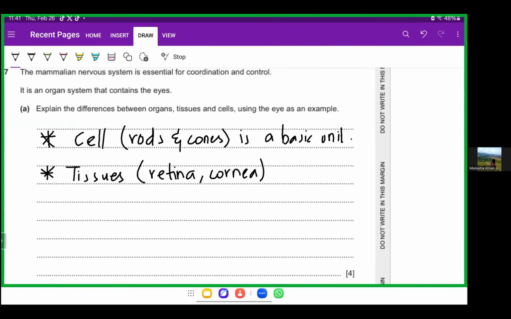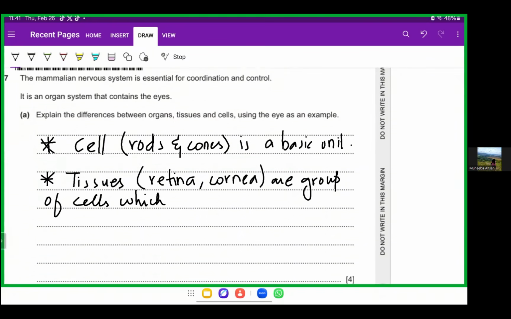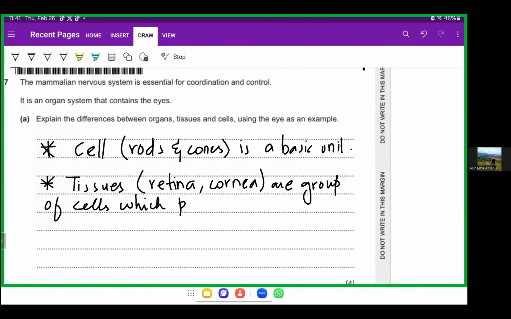Okay, so tissues are basically a group of cells which perform a similar function together, right?